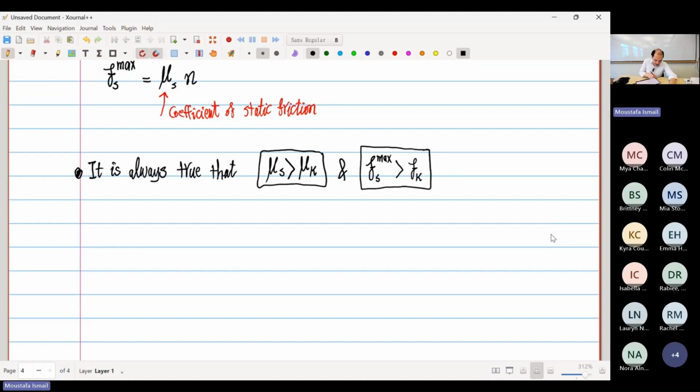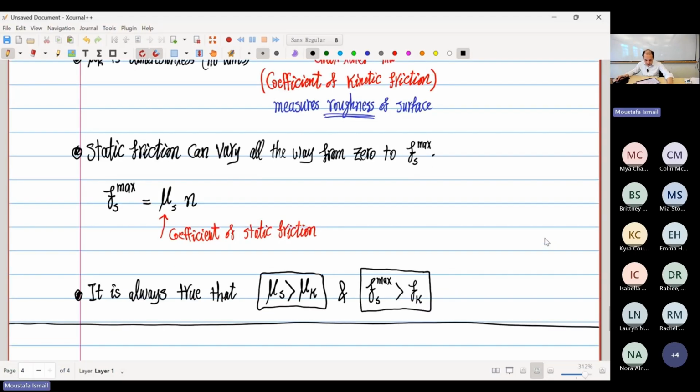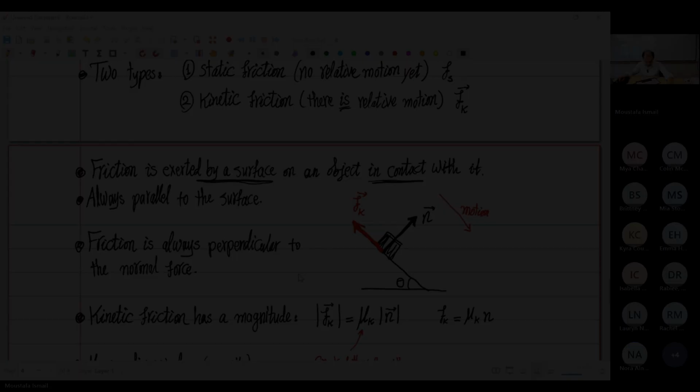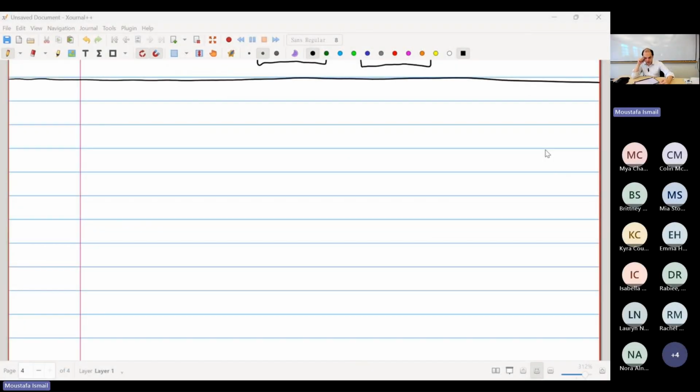The final force is drag. Before we get to drag, are there any questions on friction? Because that was a little intense. Honestly, we're not going to use drag that much, but it's just for completeness. Let us discuss it. Drag force. It is a resistive force experienced by an object moving through a fluid.